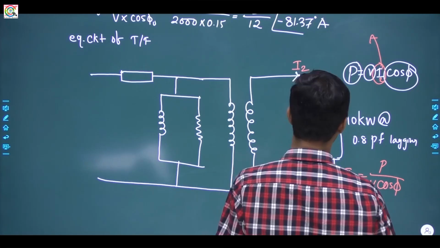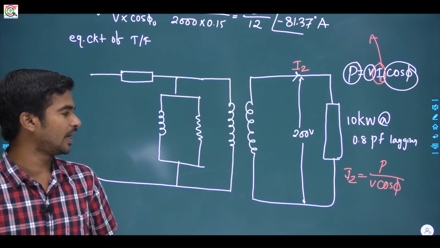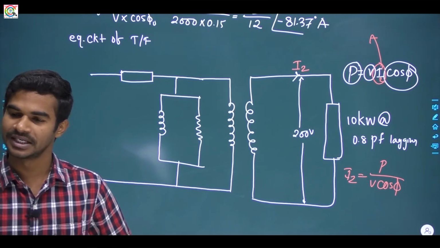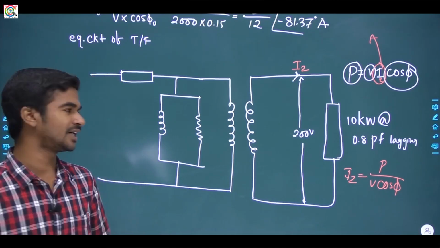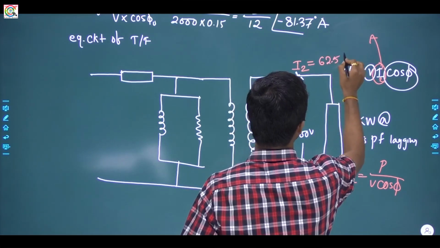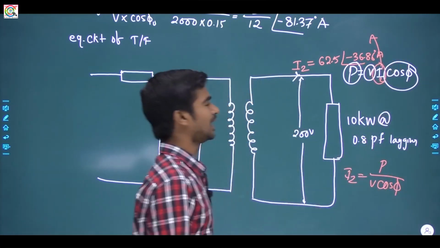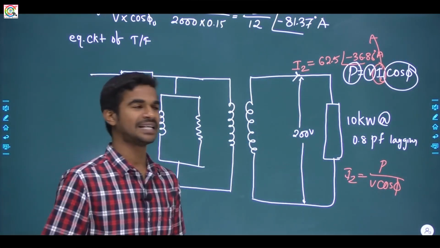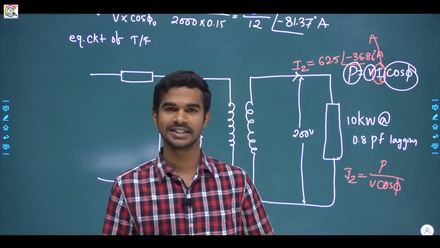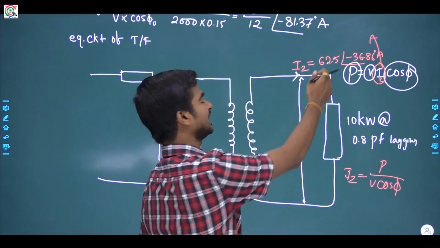I'm directly writing the value of load current, which is 62.5 at an angle of minus 36.86 ampere. Why? Because the power factor is 0.8 lagging, so the power factor angle will be 36.86. Because this is a case of lagging power factor, it will be negative.